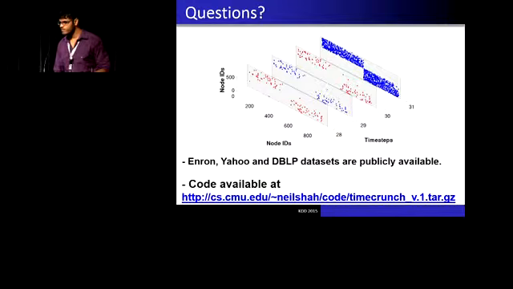So the summarization that is obtained, how do you actually say that it's good, not in terms of the compression, but is there a ground truth for that? In some of the data sets we have ground truth. For example, in the Enron data set, there is some ground truth that we know in terms of which nodes participate in the Enron social network.